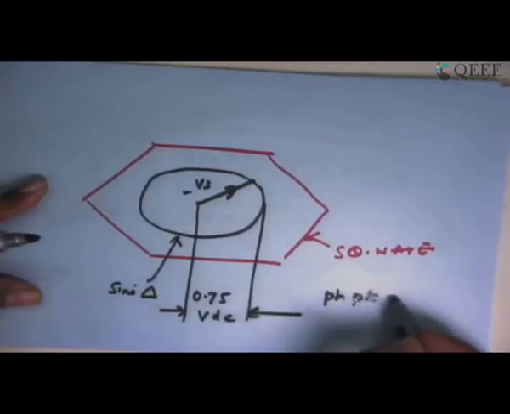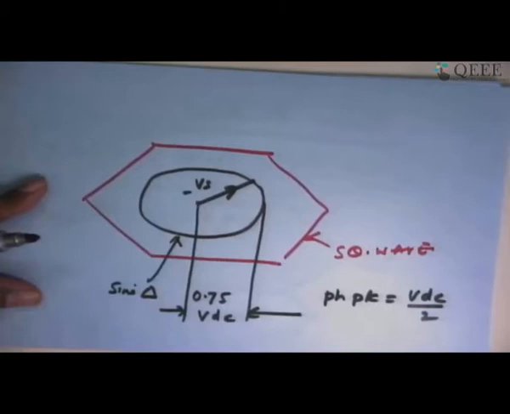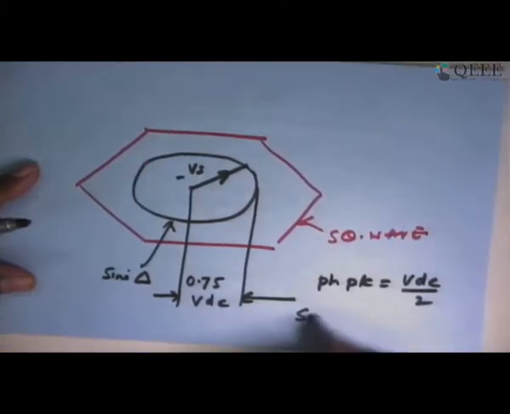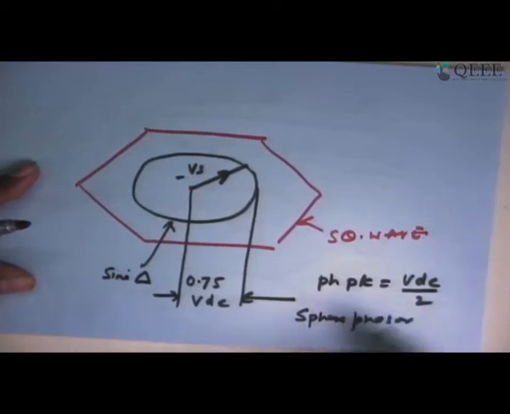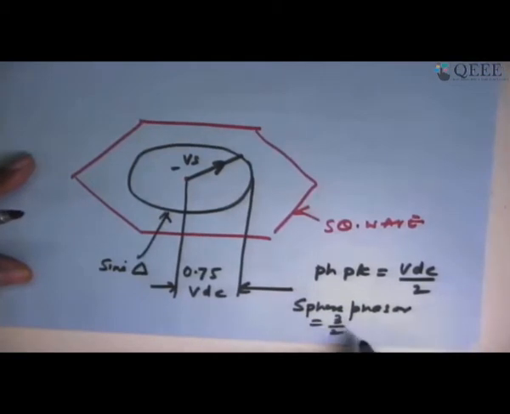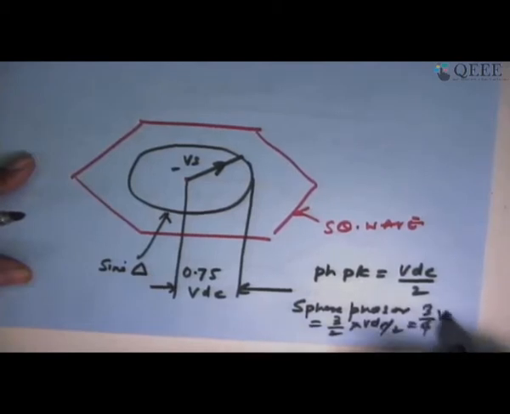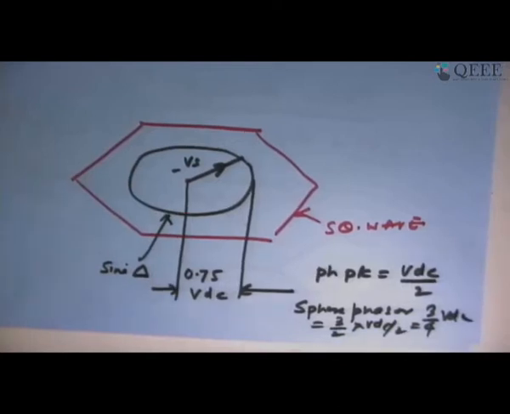The per phase peak is VDC by 2, and for space phasor it is multiplied by 3 by 2. So 3 by 2 into VDC by 2 is 3 by 4 VDC, which is nothing but 0.75.